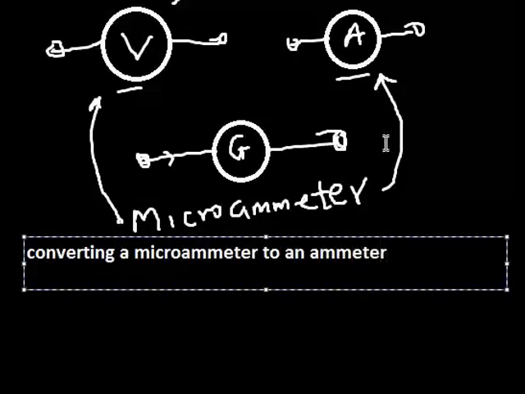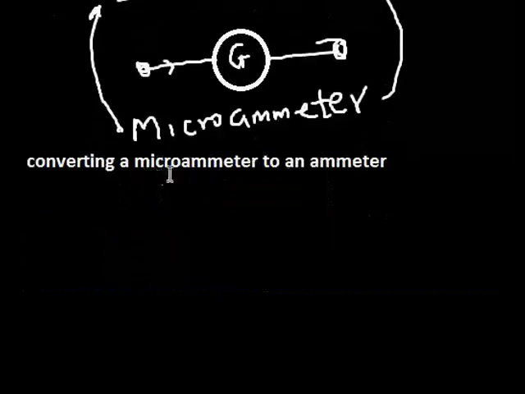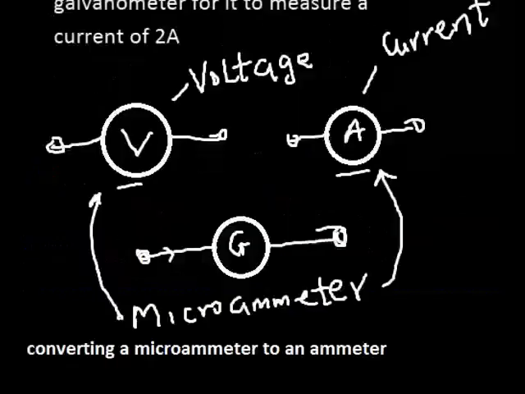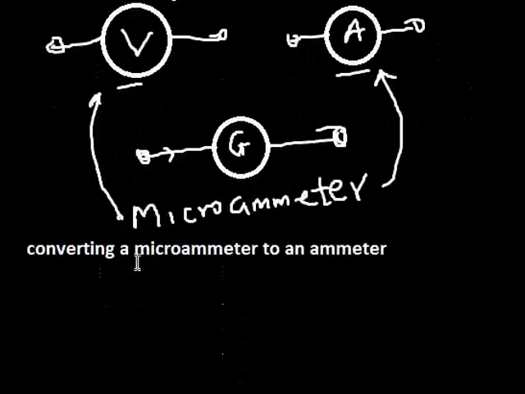A microammeter only measures a very small amount of current, micro current, but an ammeter measures normal current, up to amperes, but a microammeter measures current as small as micro amperes. So please take note of that.